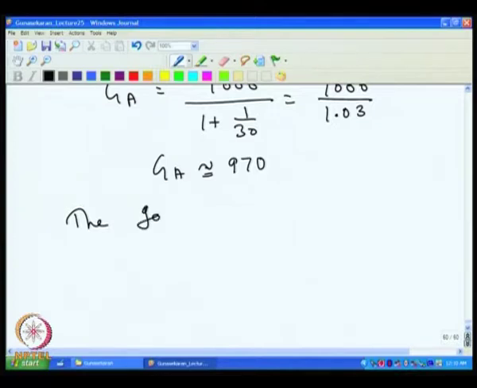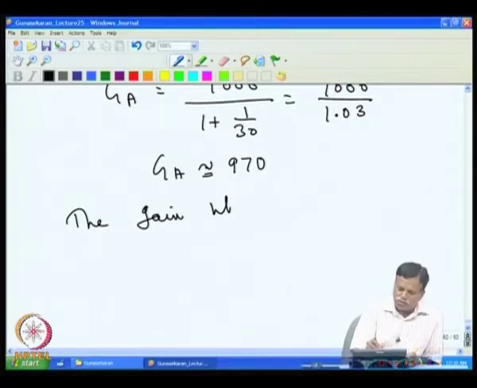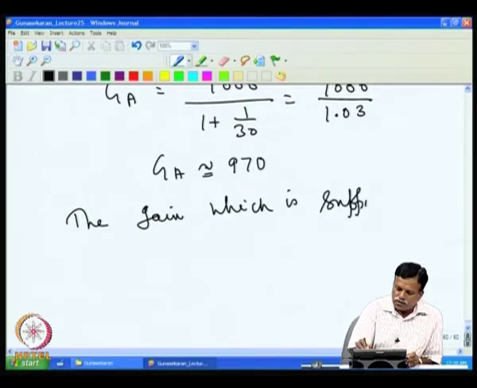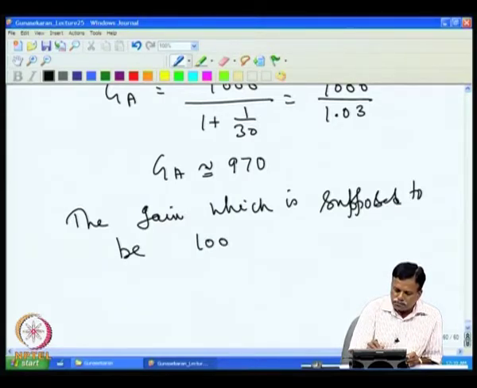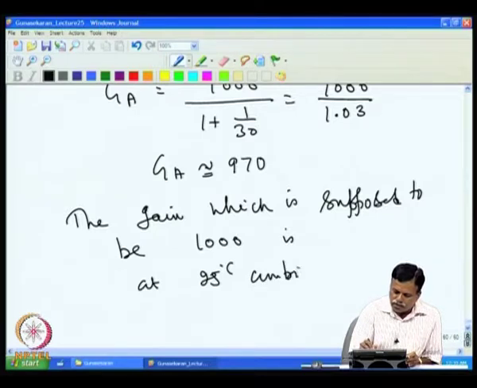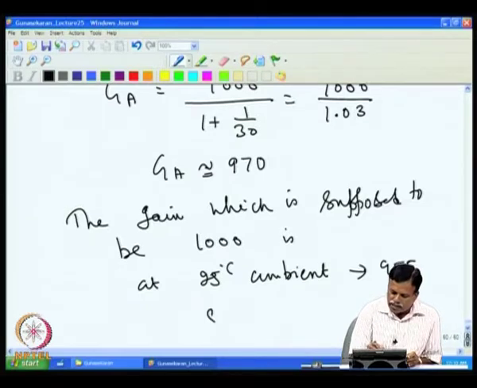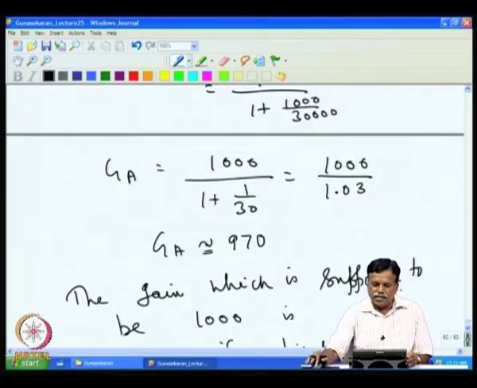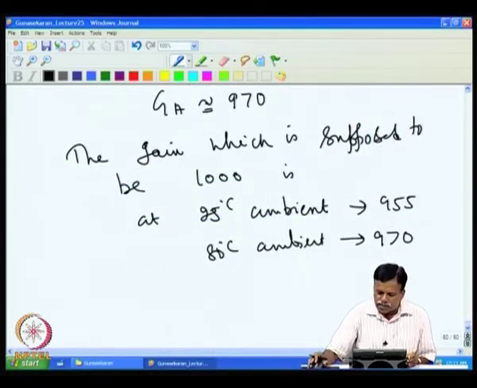The gain which is supposed to be 1000 at 25 degree C ambient became 955, and at for example 80 degree ambient, it became 970. That is, the gain is actually changing with the temperature.